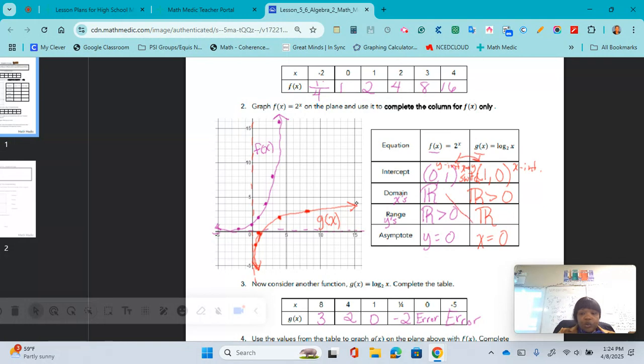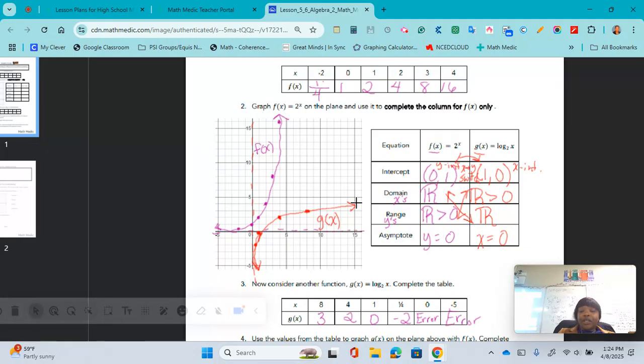We also see a switch in the domain and range. There's a switch between our domain and our range. What was the domain for our exponential became the range for our logarithmic.